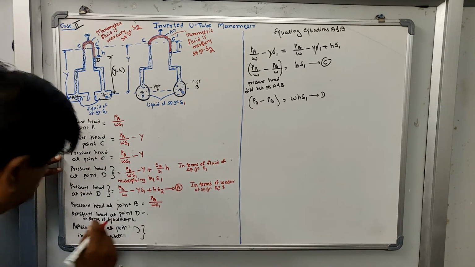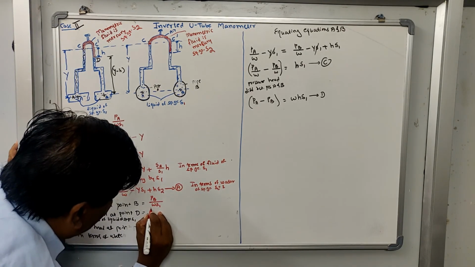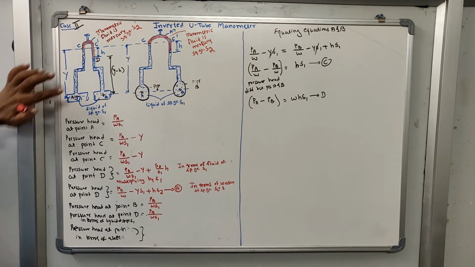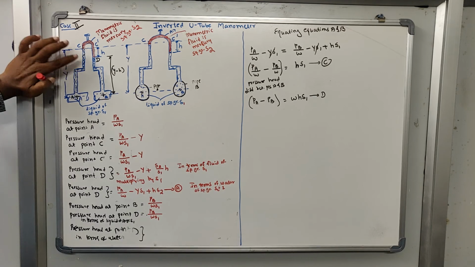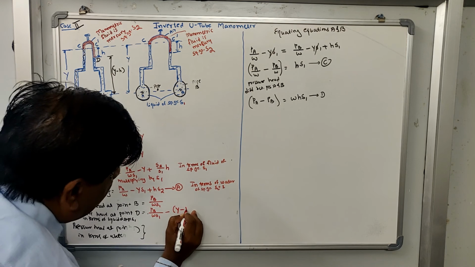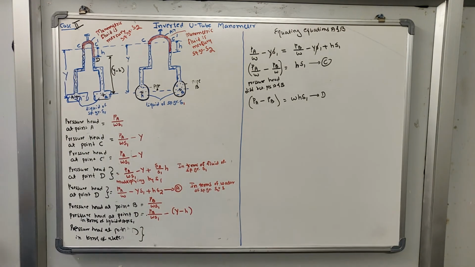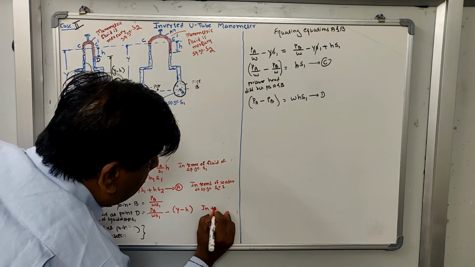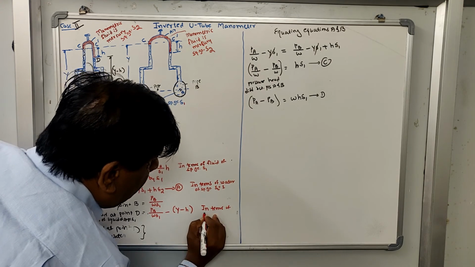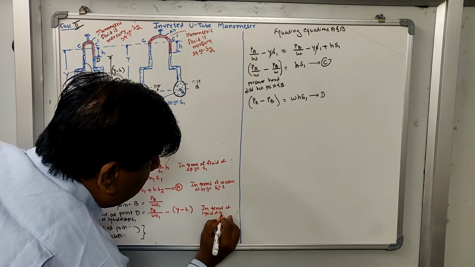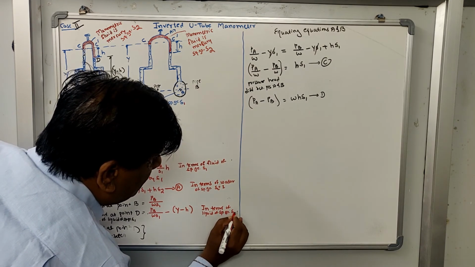So the pressure head at point D is PB by WS1 minus Y minus H. This gives the pressure head in terms of liquid of specific gravity S1.